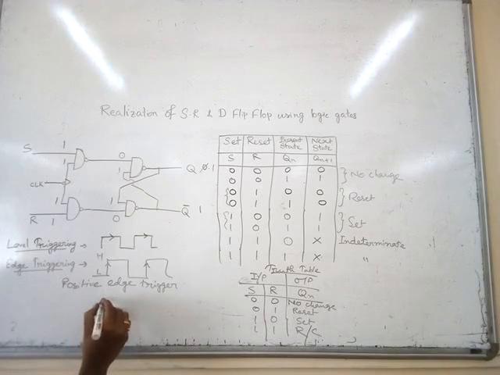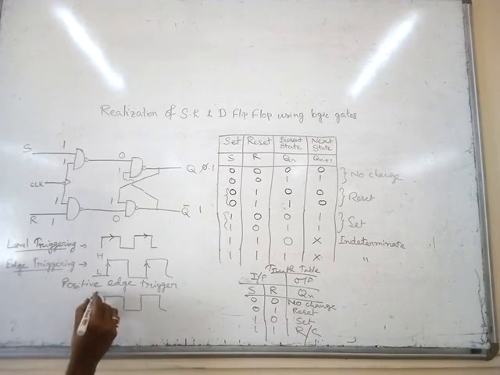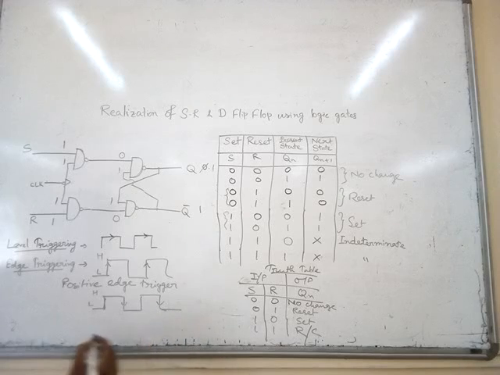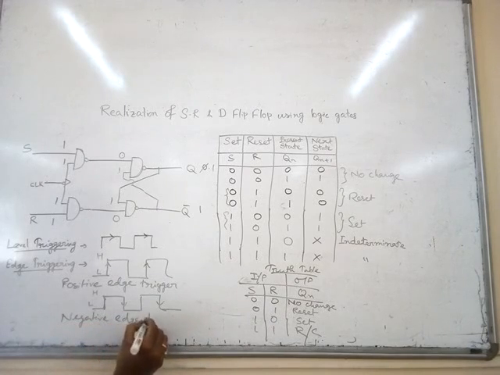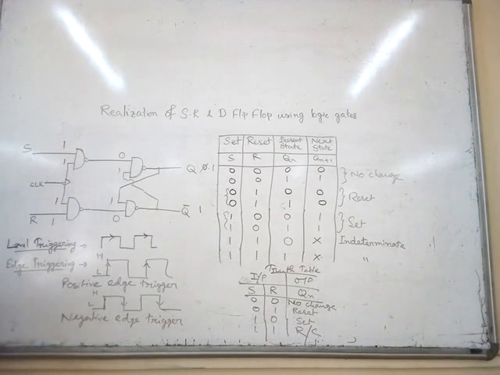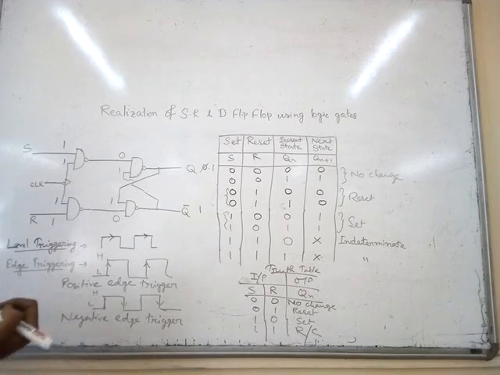And if the pulse goes from high to low, it is called negative edge trigger. So we use positive edge trigger, so it is the symbol of edge trigger.